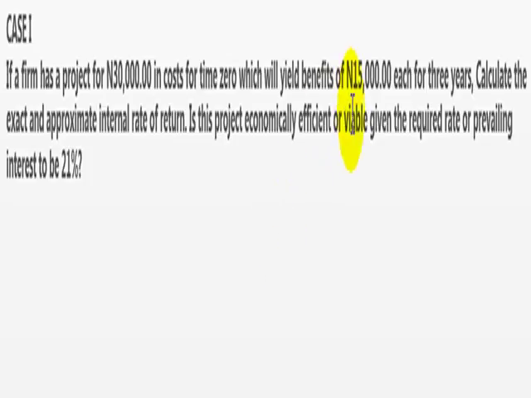Now, look at this investment: 15,000 naira for the 3 years is 45,000 naira. And this project costs 30,000 naira. So we are looking at which rate the benefit will be equal to the cost.